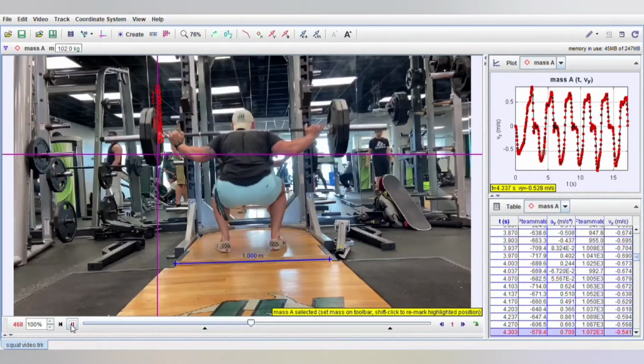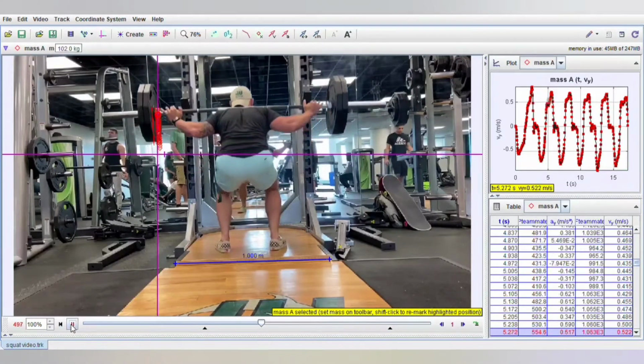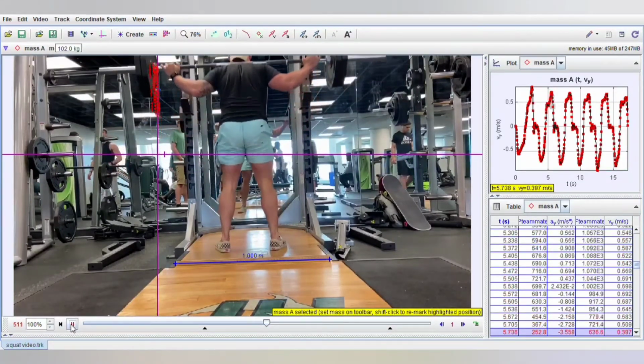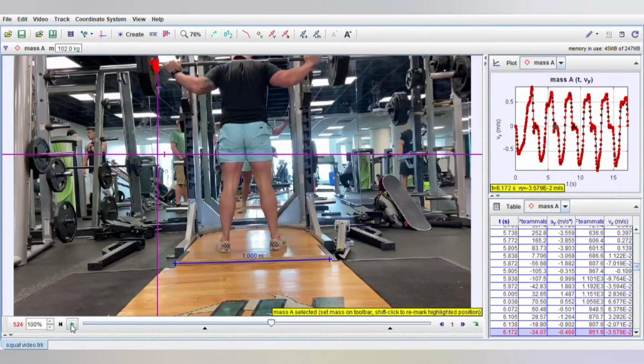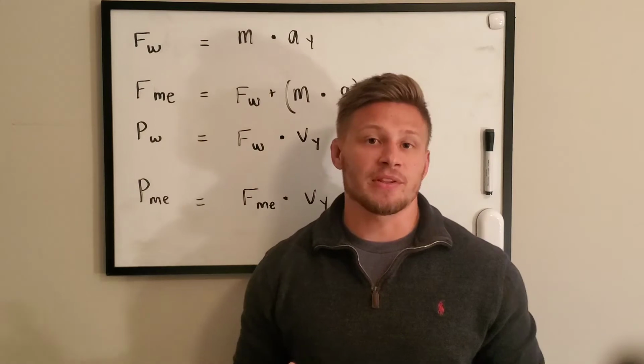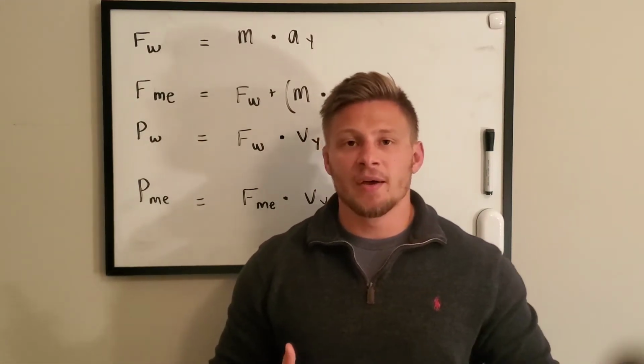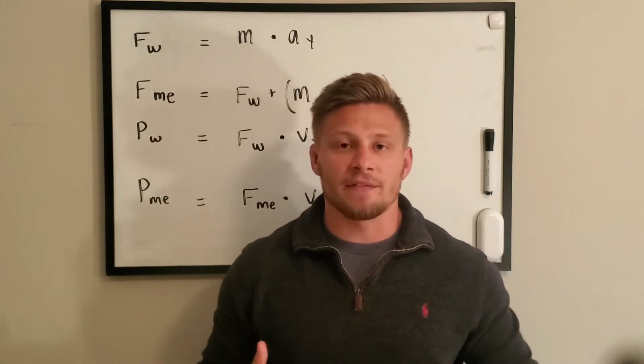We will use the graphs created by Tracker and compare them to my human experience of when I felt the most power being exerted. Now, before we look at the graphs, let's take a look at the formulas that I had to put into Tracker for it to put out these graphs. As we've seen before, Tracker will come up with some graphs that we like to see, like acceleration versus time or velocity versus time, but it doesn't come up with every graph that we want.